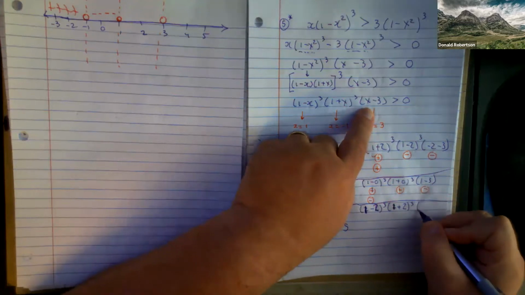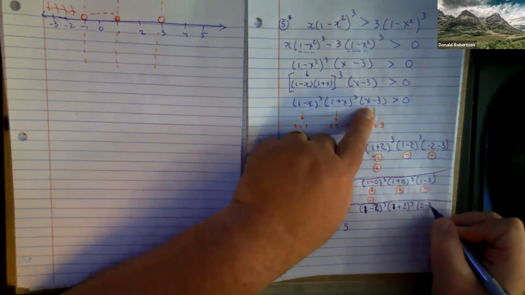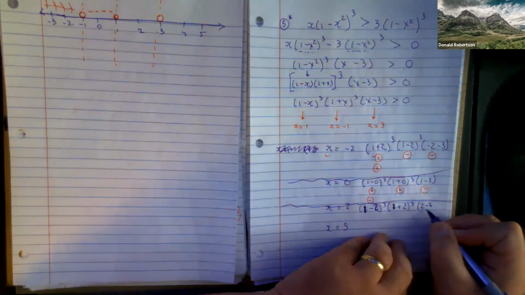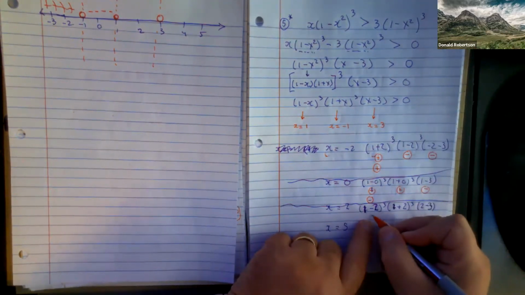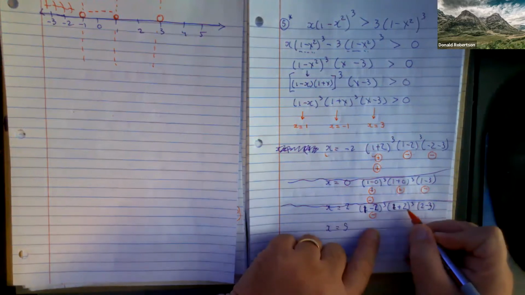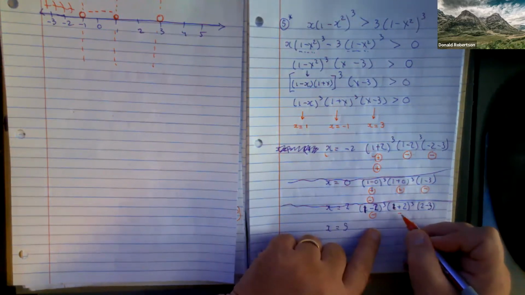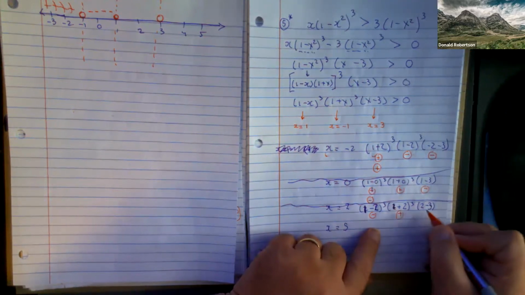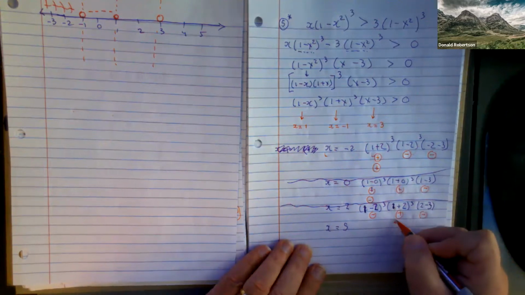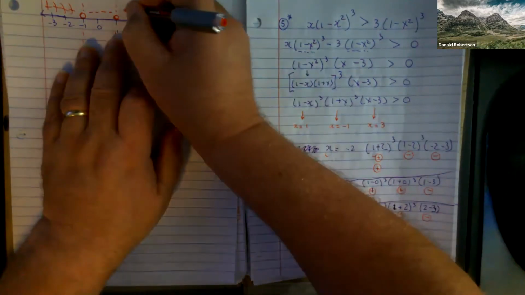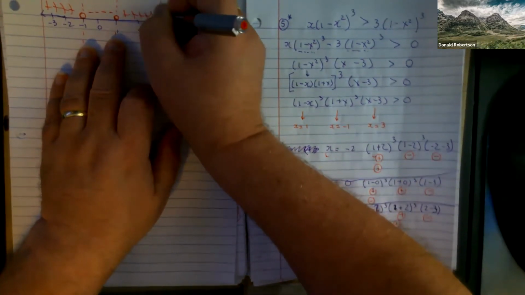And here, 2 − 3. There we go. 1 − 2 is negative, 1 + 2 is positive, and 2 − 3 is negative. That combination is positive. So I know everybody here is positive.